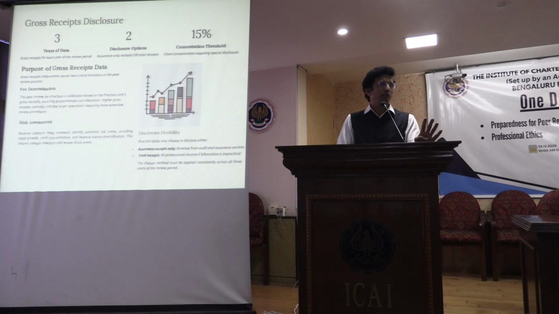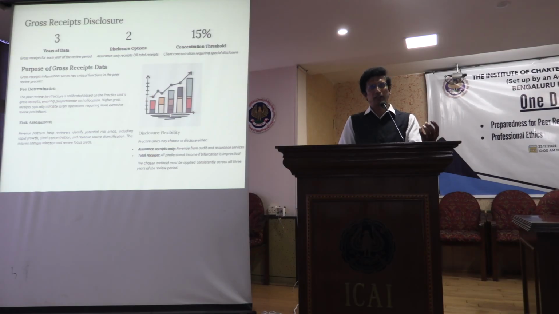Here, whatever gross receipts earned for the period of the review, technically it's a 3 year period. If you're going through the first review and your firm has been in existence for 3 years, normally they cover 3 years. If it's less than 3 years or it's a new entity, normally they give it for 18 months, then again you need to go through the review. That's the first year, that transition will be there. Otherwise, normally it's a 3 year period. So you need to give the gross receipts.